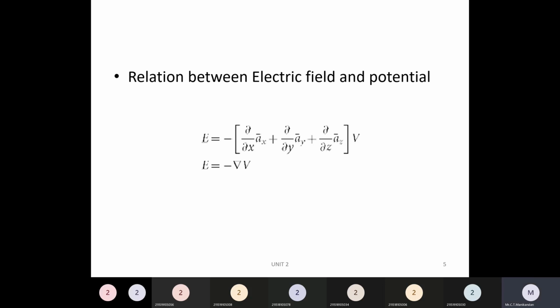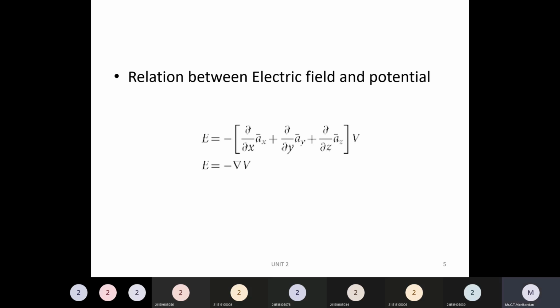In the last session, I told you about del V, gradient, divergence and curl. Definitely in GATE they will ask these as 1 mark questions. What is the negative gradient of potential? Flux density, field intensity, charge. Like that, they will give you several options.